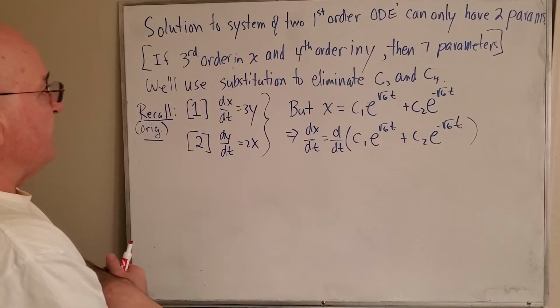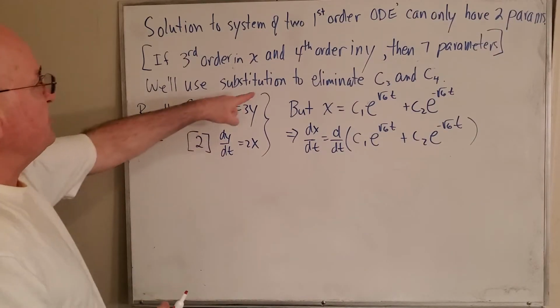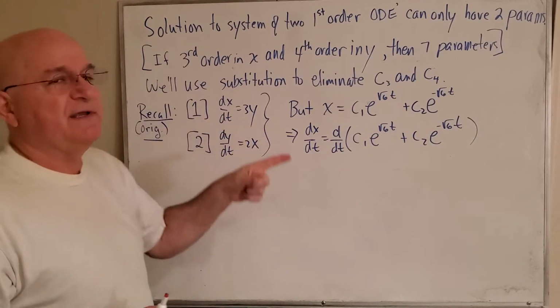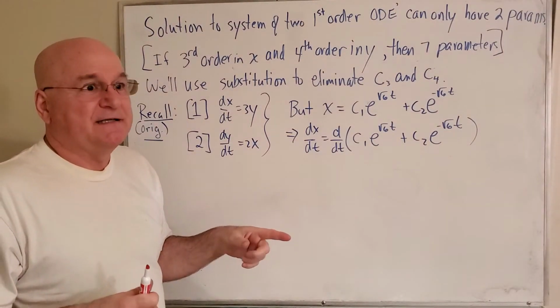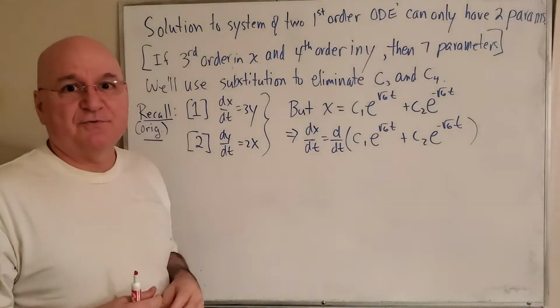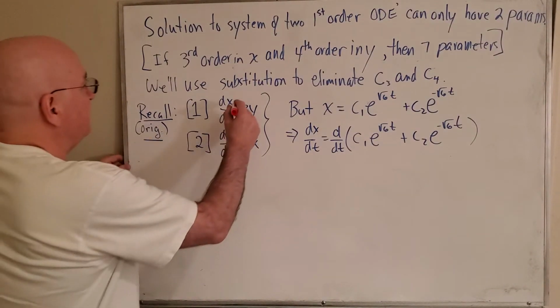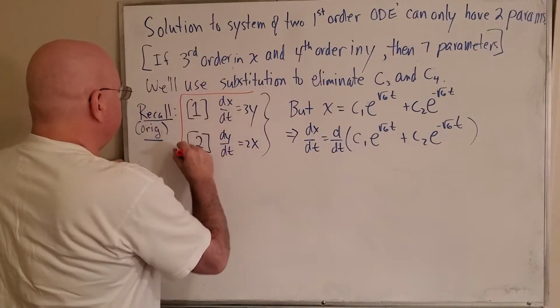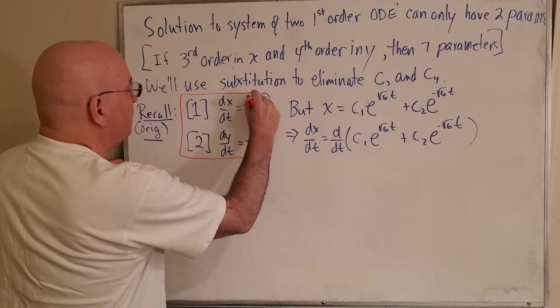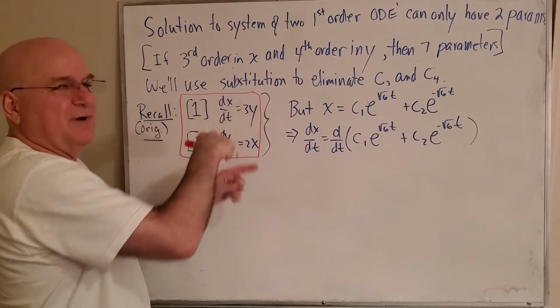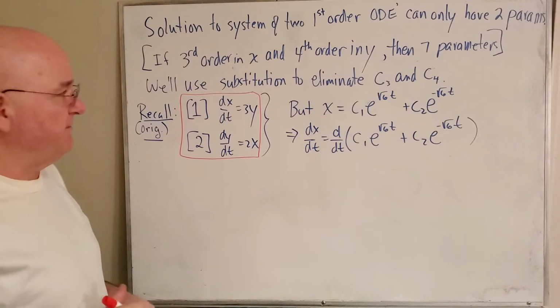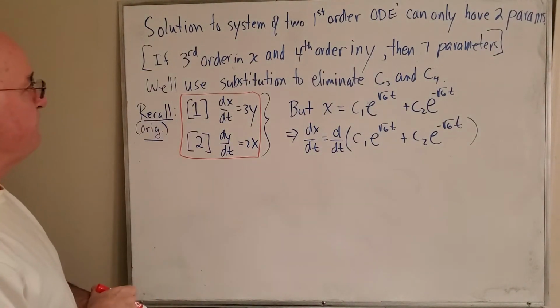Okay, so we are going to use substitution to eliminate C3 and C4. Or I could have said to figure out exactly what C3 and C4 are. So recall that this was our original equation number 1 and equation number 2 before I applied the differential operators and all of that. So this is what we started with.